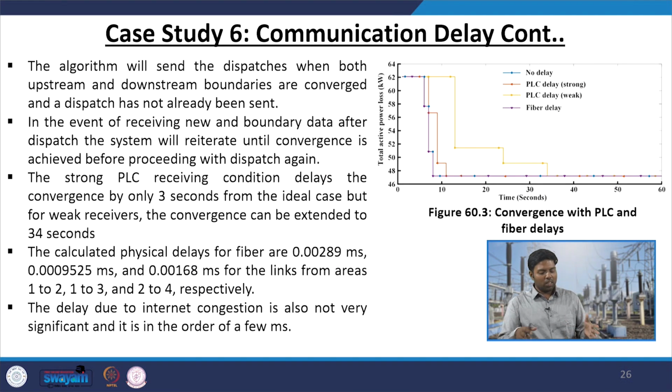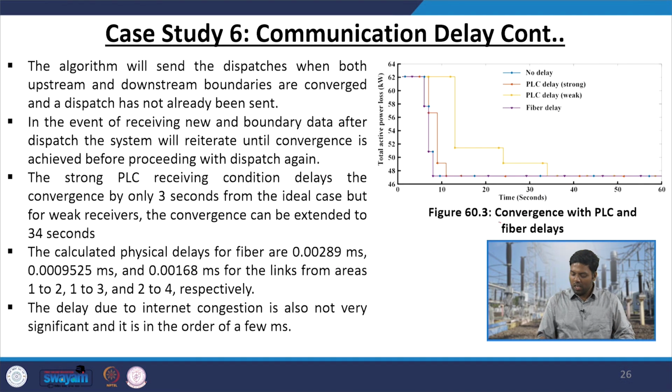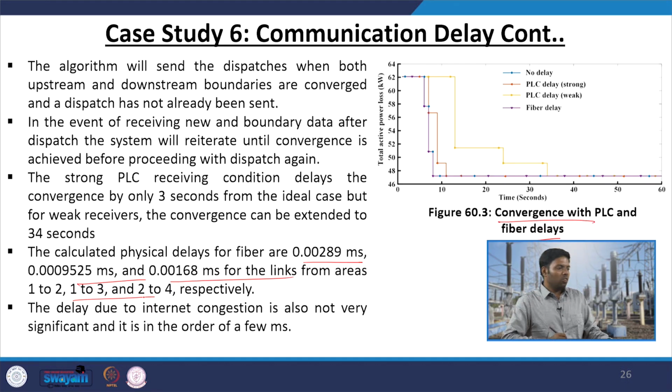So, for the ultimate communication delay, comparing convergence with PLC and fiber delays: fiber incurs very little delay, in the range of milliseconds or microseconds. That is why fiber is very good and normally used when you have to send sensitive or time-sensitive data from your sensors to the control center, such as from a protection device or an automatic monitoring system.